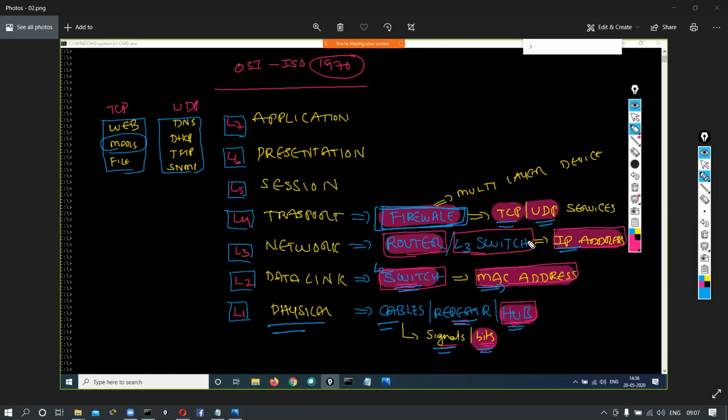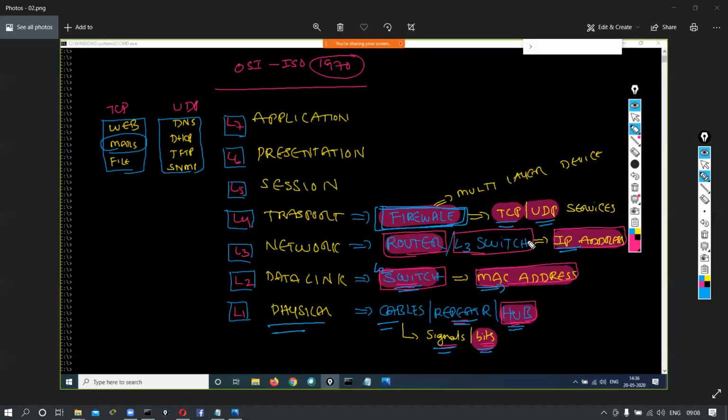That is your transport. If you want to go to your native place, bike or bus? Bus. If you want to go to the UK or US, flight. That is your transport. Here also, based on your requirement, either the TCP transport protocol will come or UDP.